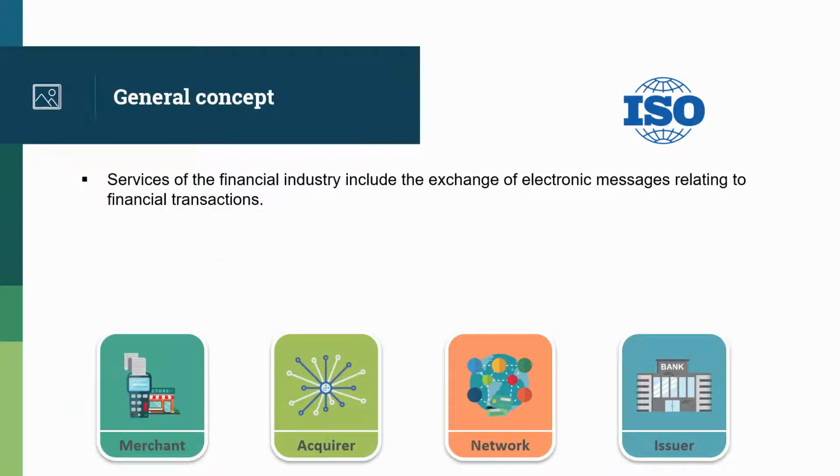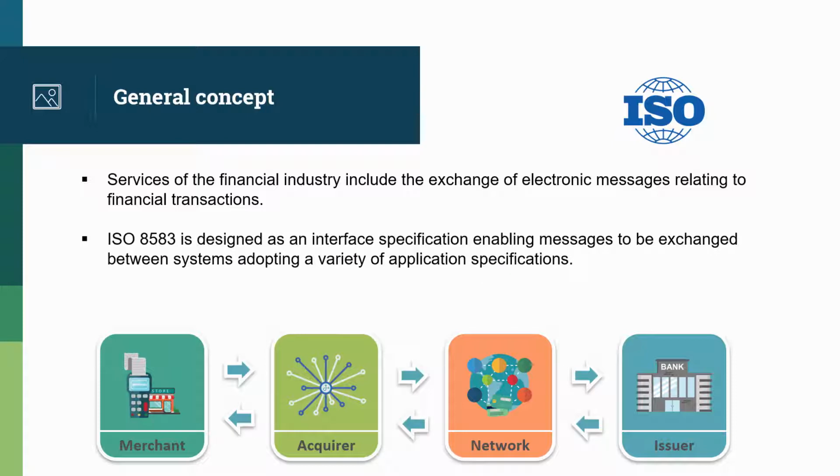Let's start with the general concept. Services of the financial industry include the exchange of electronic messages relating to financial transactions. ISO 8583 is designed as an interface specification, enabling messages to be exchanged between systems, adopting a variety of application specifications.